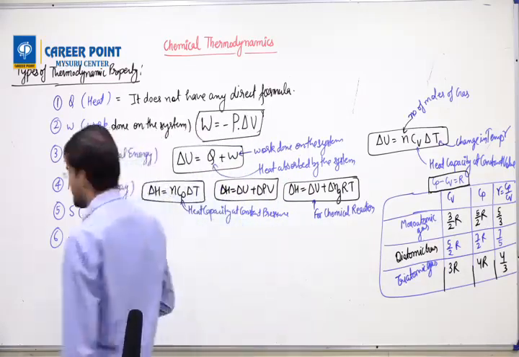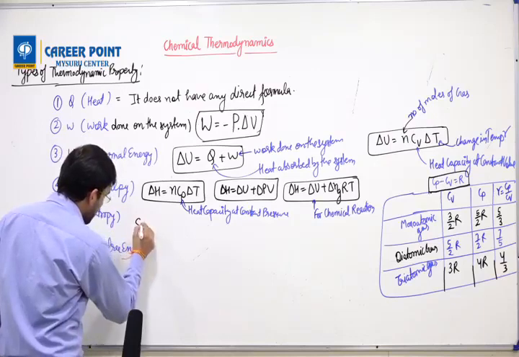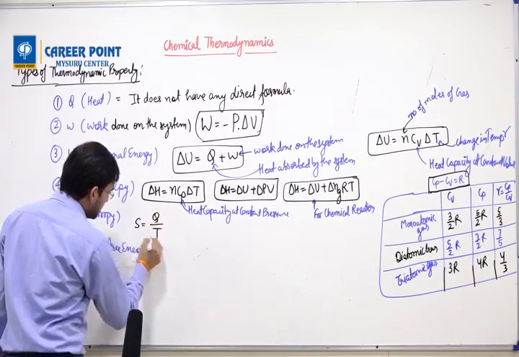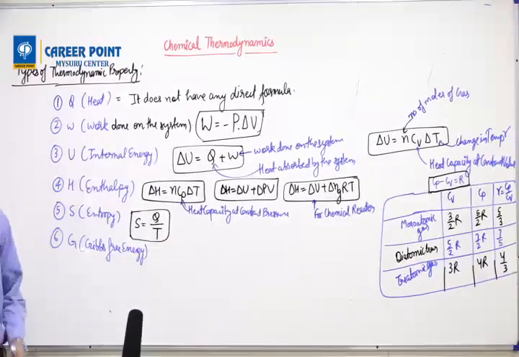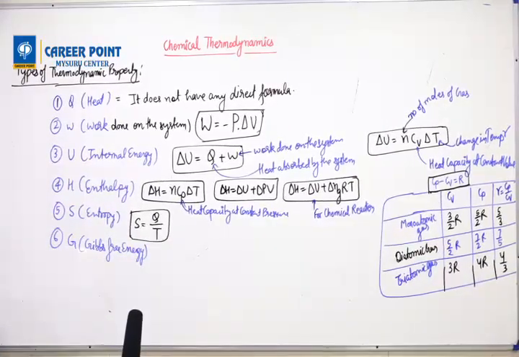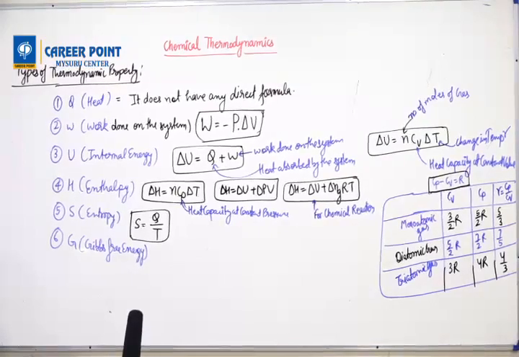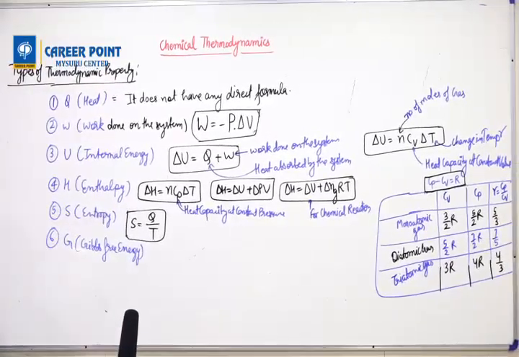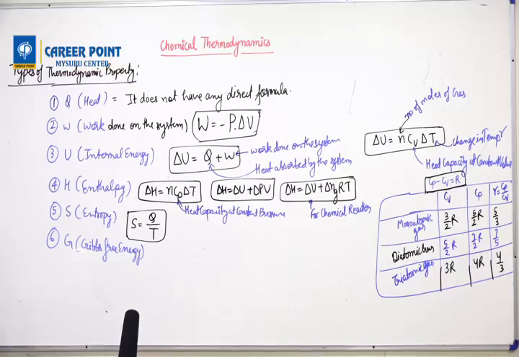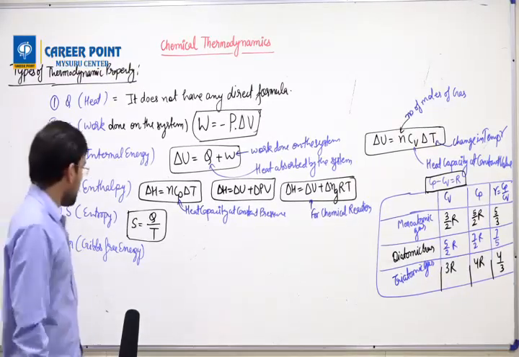S is defined as Q by T. One formula is this: S equals Q by T, where Q is heat and T is absolute temperature.